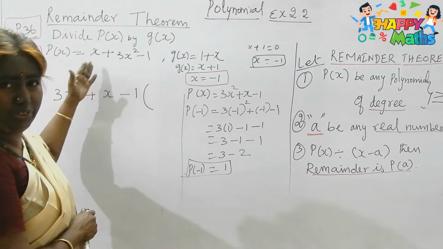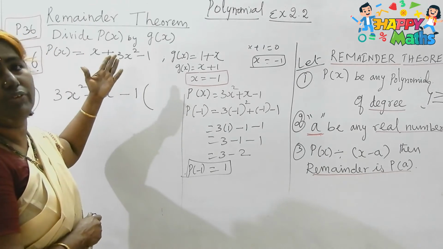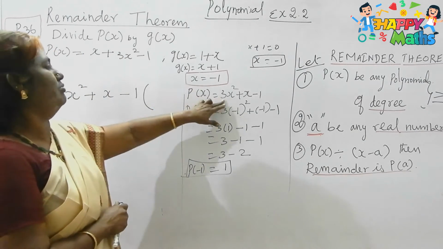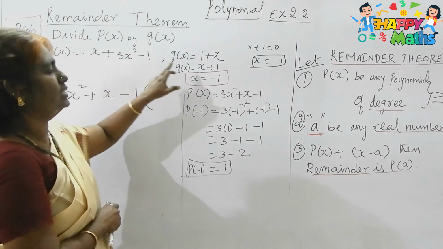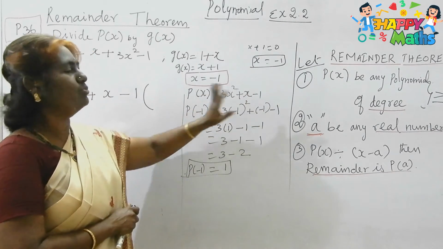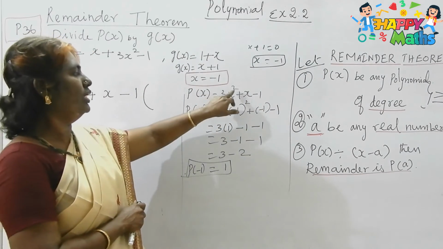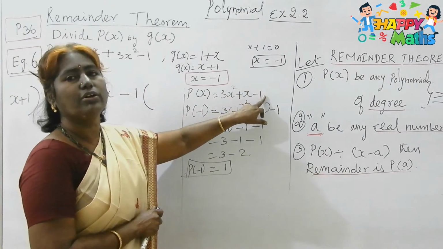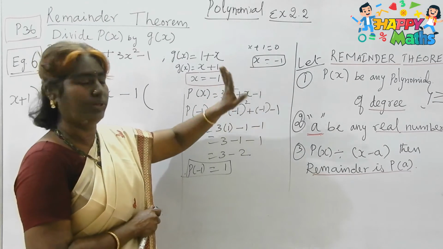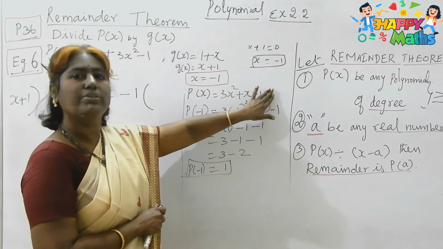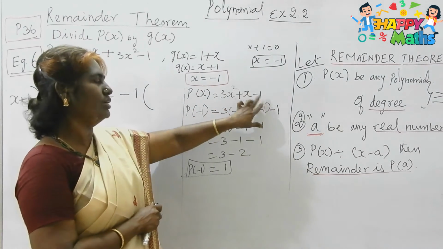Degree 2, then what equation is this? This is a quadratic equation. Okay, so 3x square will come first, then x, then minus 1. So I have written this quadratic equation in order: degree 2, degree 1, and this is a constant term, that means x is to the power 0. So there is no x, but x power 0, you can make it that way. It is a constant term.